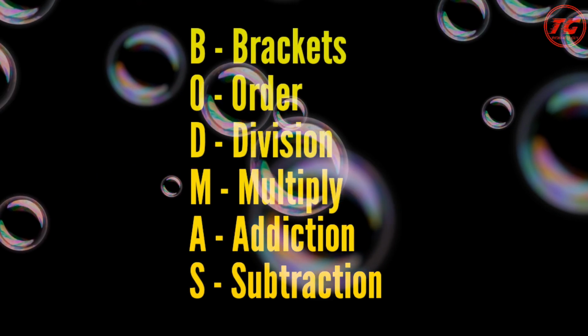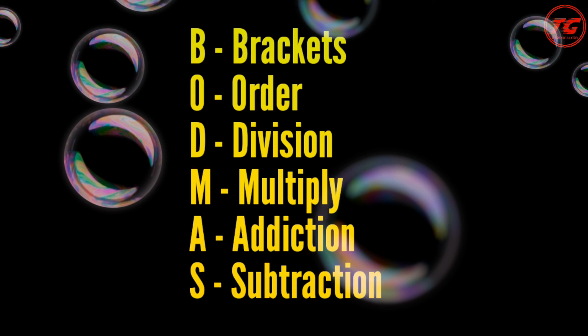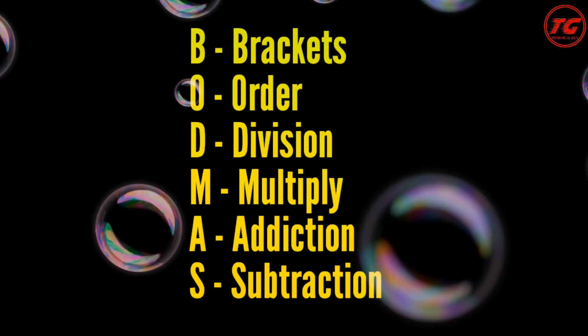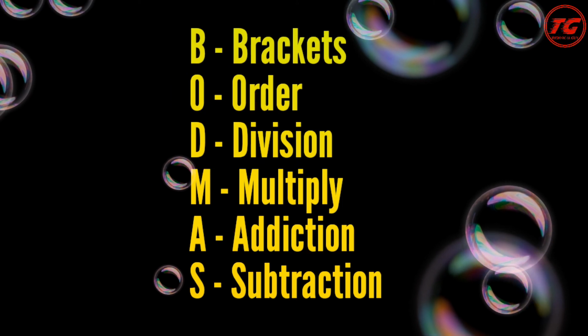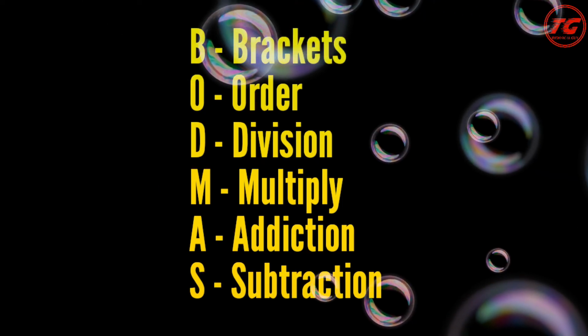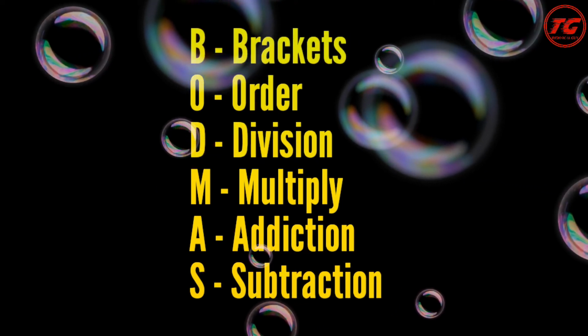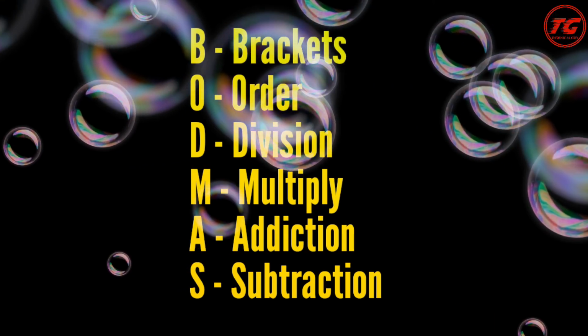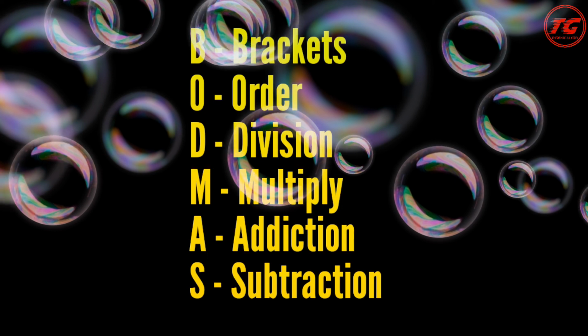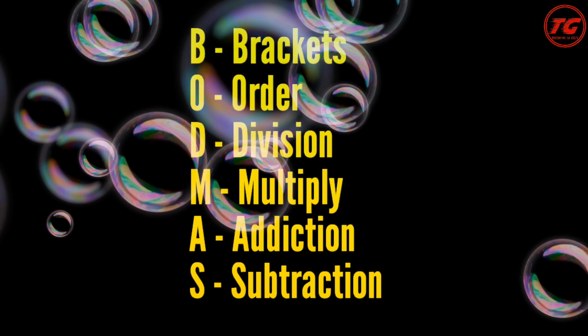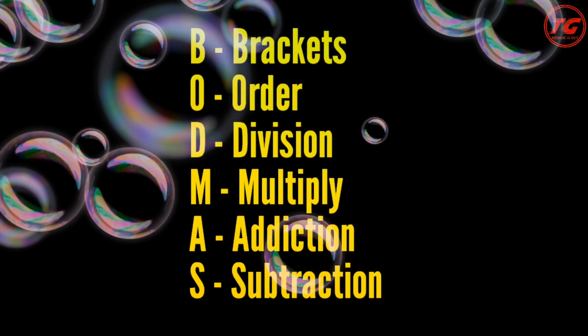According to that rule, we evaluate firstly brackets, then order, then division, then multiplication, then addition, and then subtraction. The same rule is followed in Java for evaluating expressions. We will discuss these rules one by one.